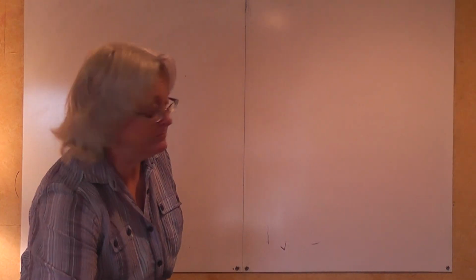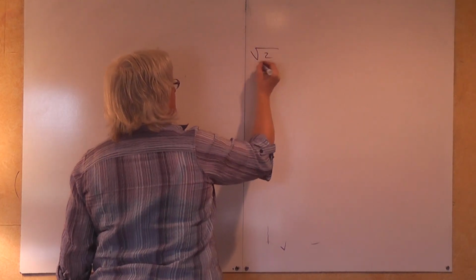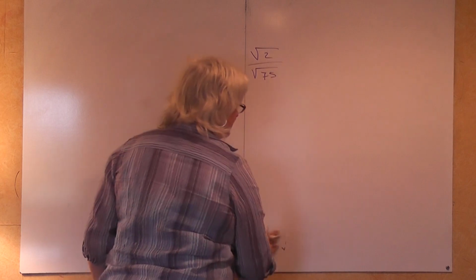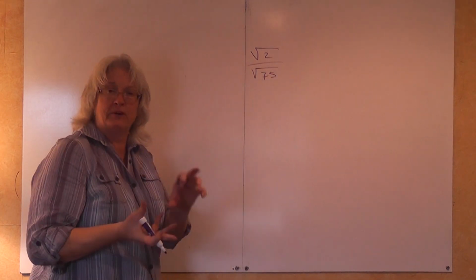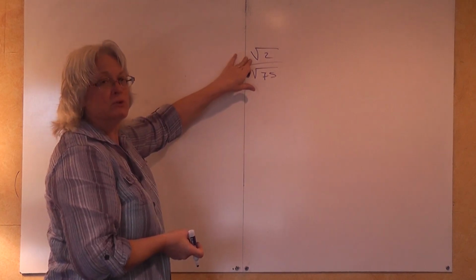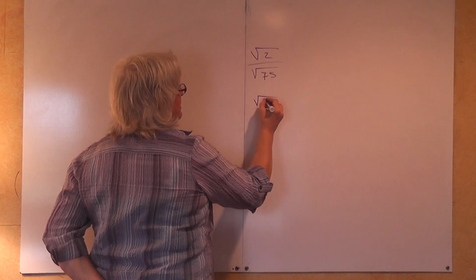See what we can do. First, see, can you simplify, or can you reduce it somehow first? Can't do anything with the square root of 2, so we're just going to leave that.